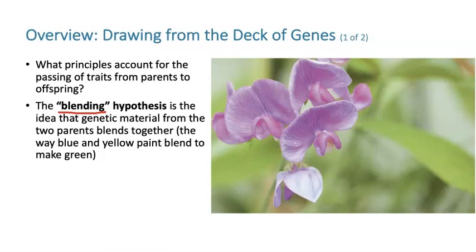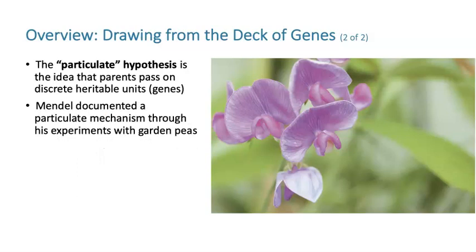But when you start really thinking about it, that doesn't always happen. Two people with brown hair can have a kid with darker hair or lighter hair. So how does that work? The blending hypothesis does not really work with that. So Mendel came up with the idea that we now know as the particulate hypothesis.